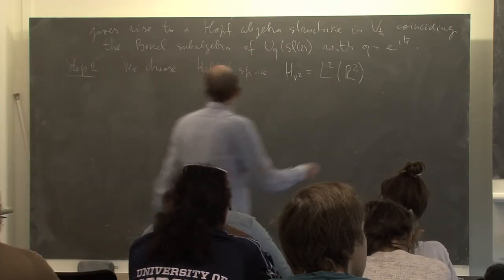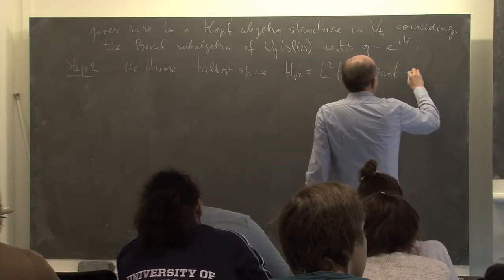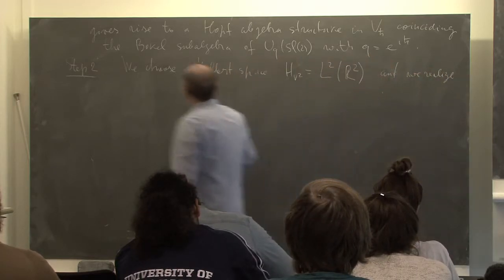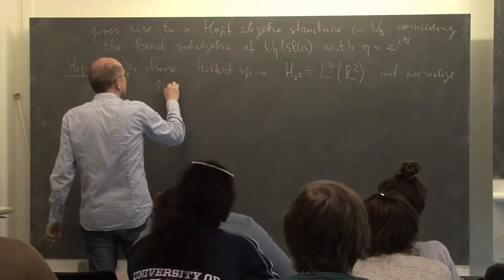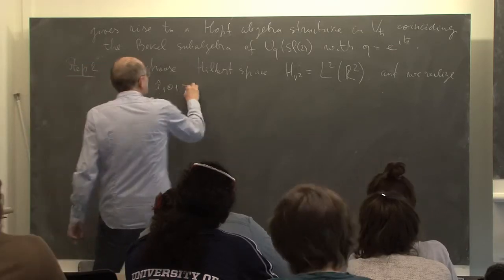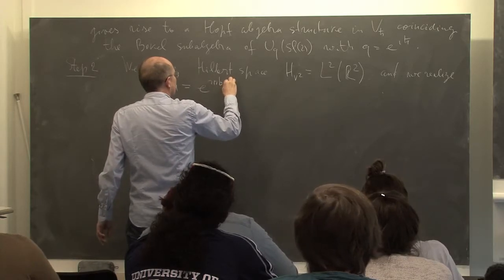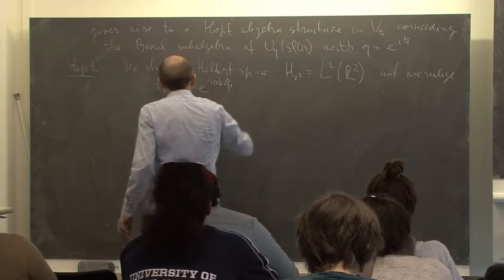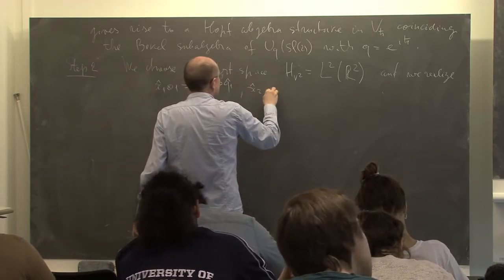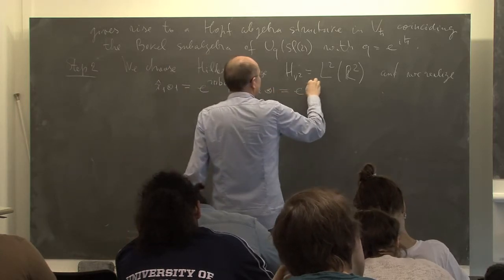And the next thing, we pick up realizations. And we realize x1 hat tensor 1 like e^{2 pi b Q1}, x2 hat tensor 1 is realized as e^{2 pi b P1 hat}, and 1 tensor x1 goes to e^{2 pi b Q2} and 1 tensor x2 becomes e^{2 pi b P2}.